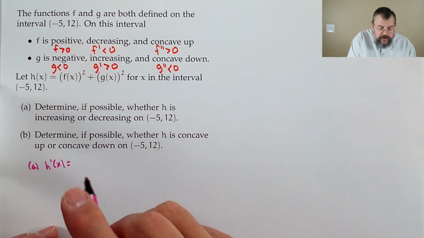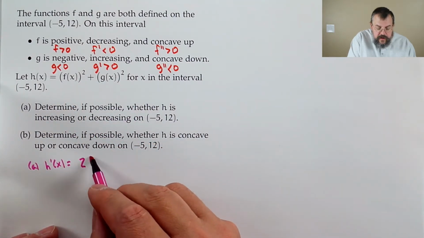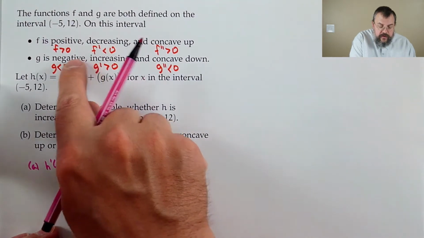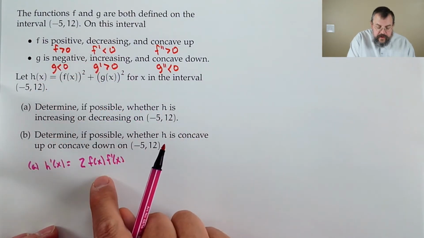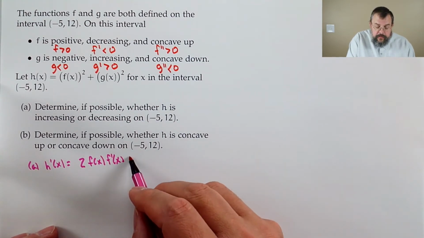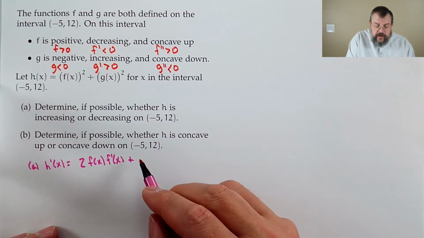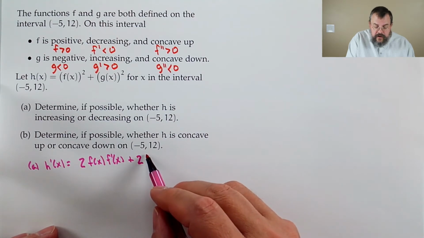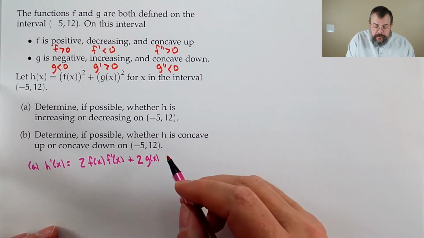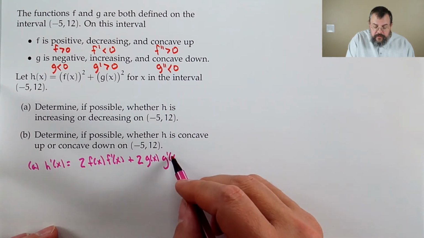So we do our chain rule. That's 2 times f of x times f prime of x, right? Because the 2 comes down, f of x to the 1, that's my f of x, times the derivative of the inside, f prime of x, plus derivative of g of x squared. Similar process. The 2 comes down, g of x to the power 1, which is g of x, times the derivative of the inside, g prime of x.